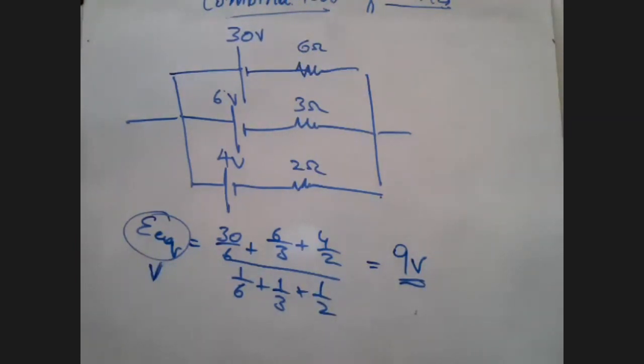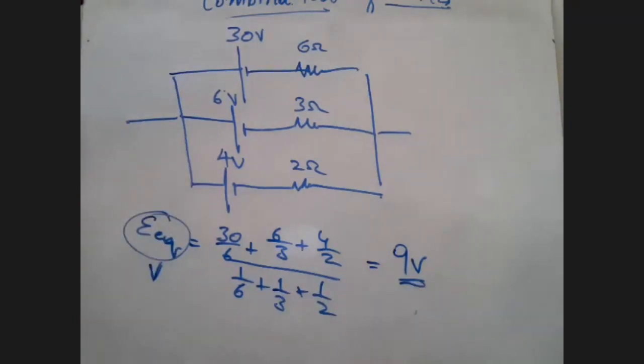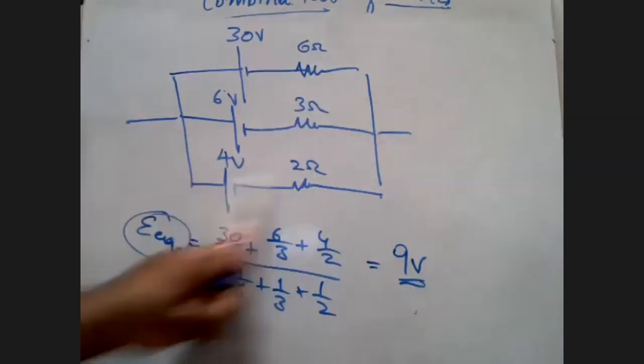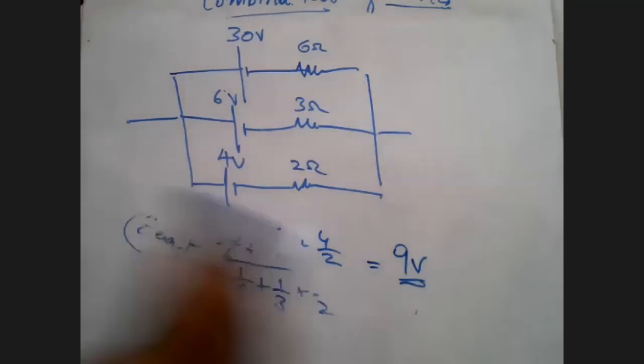So if my potential is 9 volts, I can say that the potential across each and every branch is going to be 9 volts. It's that easy.